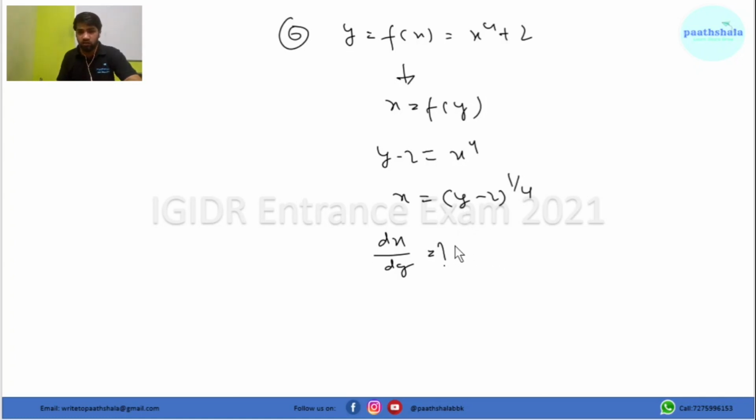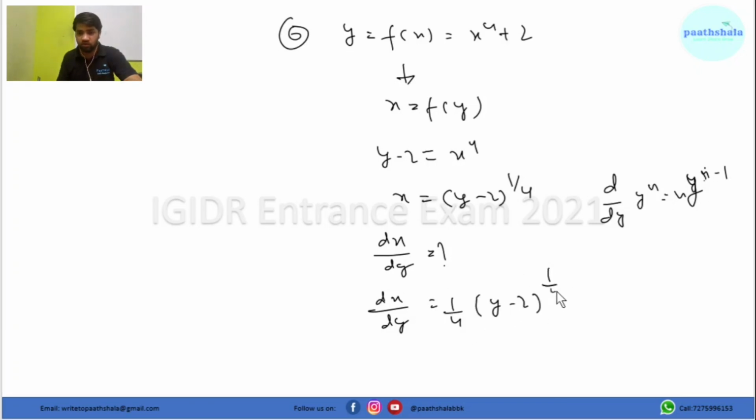Simply we can solve this dx by dy with the help of a simple rule: d by dy of y to the power n is n y to the power n minus 1. So this will be 1 by 4 into y minus 2 whole to the power 1 by 4 minus 1, and then by chain rule we have to solve it.